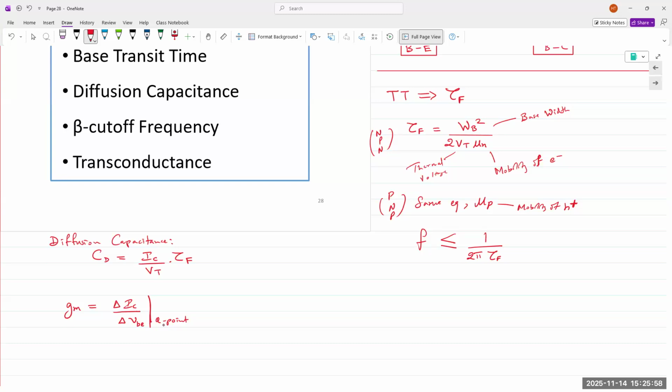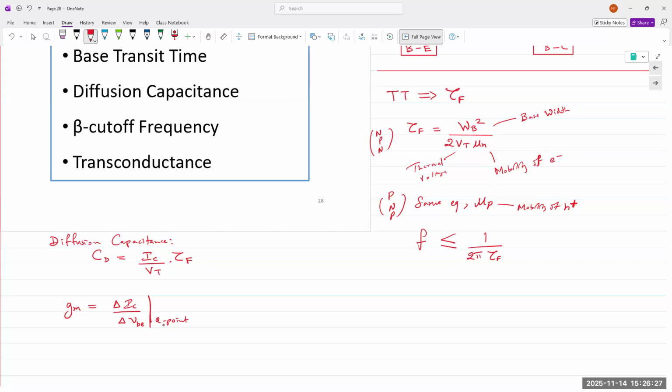As the frequency increases, the beta remains constant, but there comes a time where it starts to slope downwards, meaning the beta of the transistor starts decreasing with increasing input frequency. So there comes a point where we describe a cutoff for the beta that is known as the beta cutoff frequency FB.